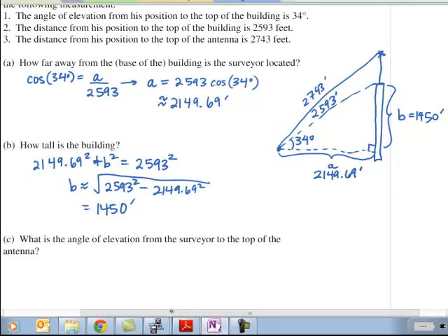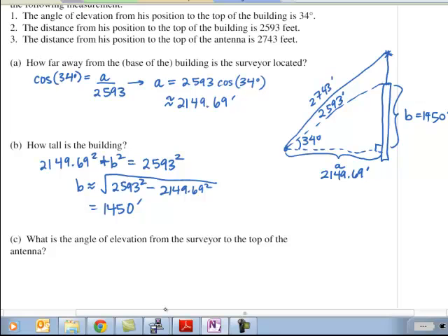Then the next question is asking what's the angle of elevation from the surveyor to the top of the antenna. So if we look at this larger triangle, we now have two sides of that triangle, so we should be able to find, let's call that angle C, since that's part C that we're on. We've got the adjacent side and the hypotenuse again. So adjacent and hypotenuse, we'd want to use cosine.